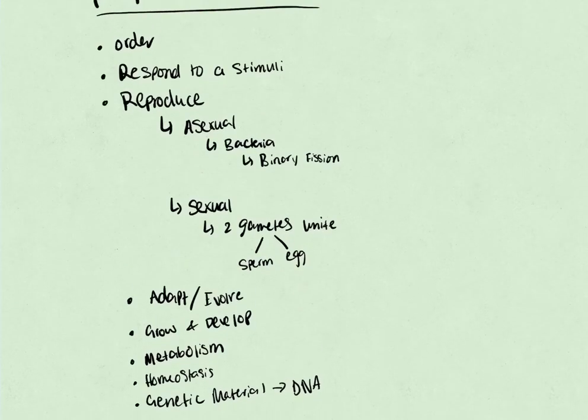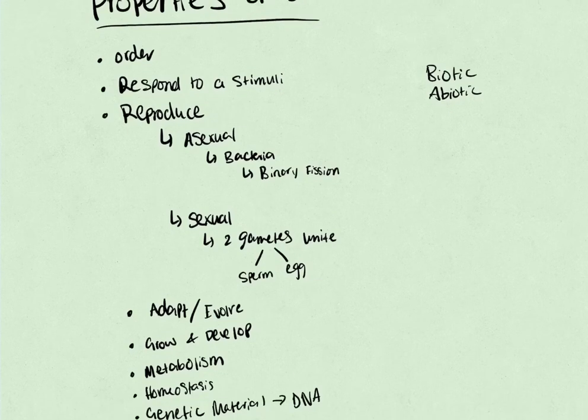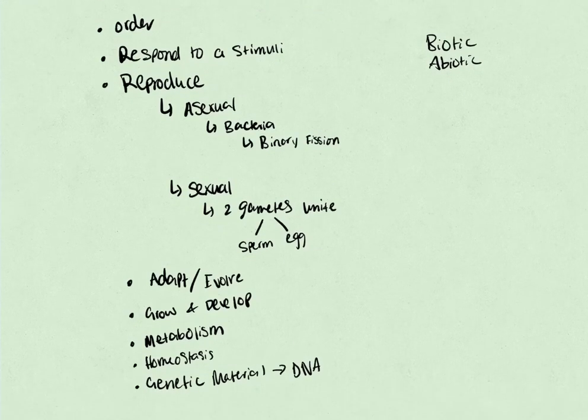These properties of life decide if an organism is biotic or abiotic. Biotic means that they are living and they possess all these properties of life. If they do not possess one of these properties of life, they may be considered abiotic. Abiotic is non-living.